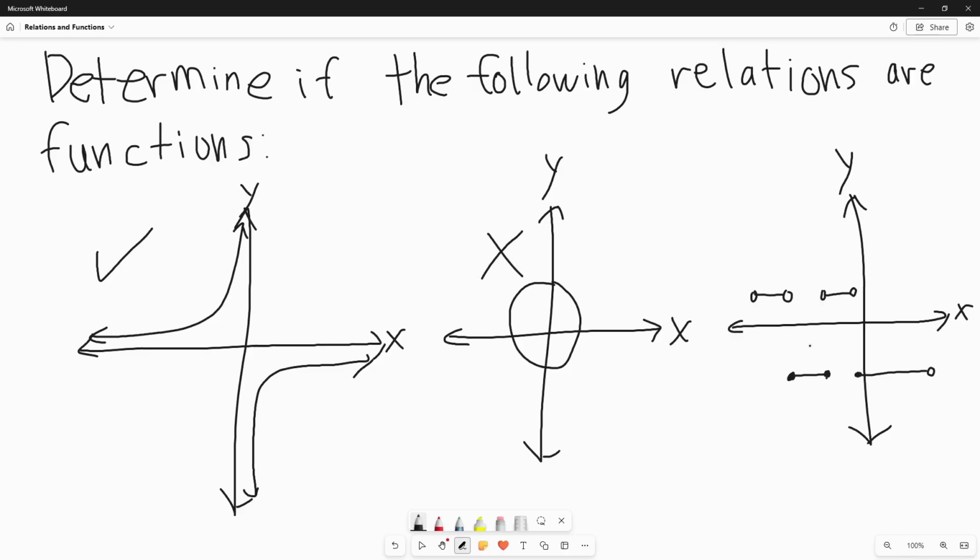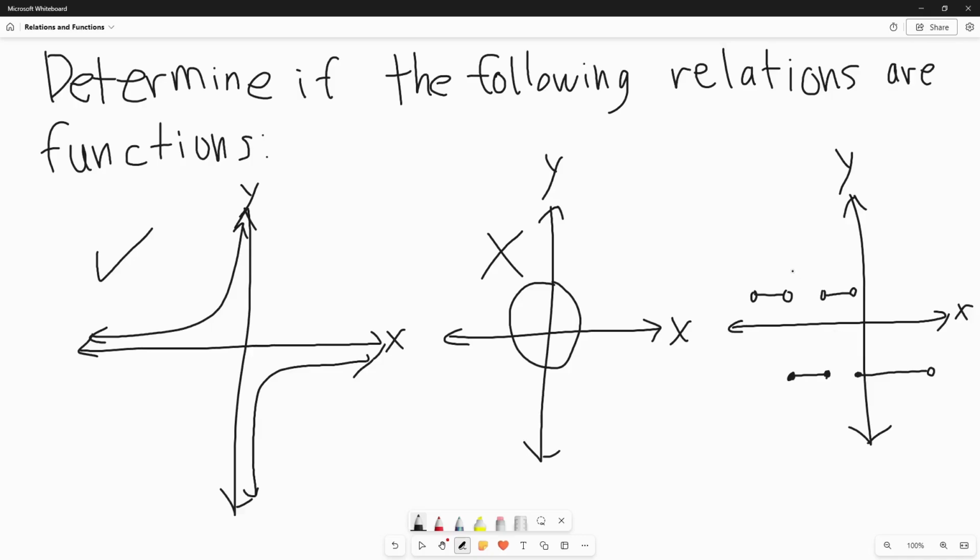And this one is a little bit more tricky. If you don't know, these empty circles mean that the graph doesn't touch that point, and the filled in circles mean that the point is there. So this line means that everything between these two points exists, but it doesn't touch the two points. All these lines individually pass the vertical line test, but do they ever have the same x value?